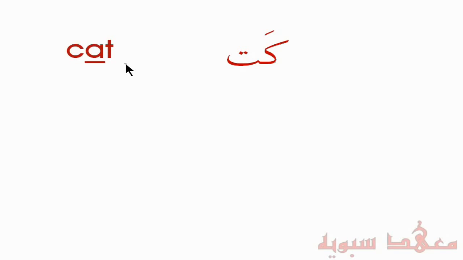It's just a stop on the T. So in this case, we would put a sukoon there. Cat. If we gave it a mark, for example the fatha, it'd be kata, or katu, or kati.